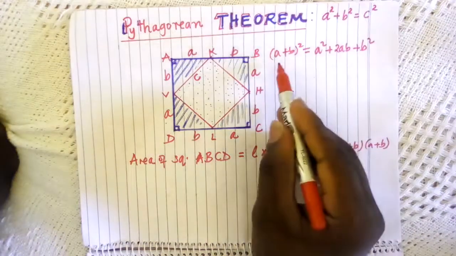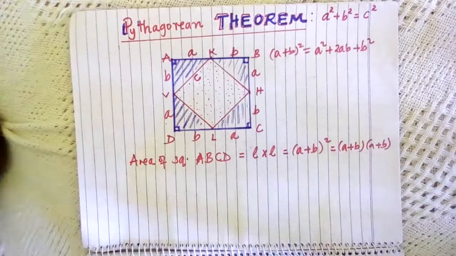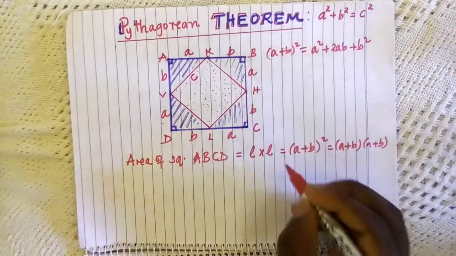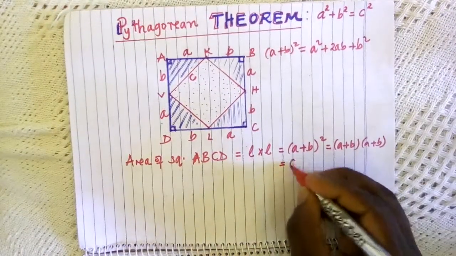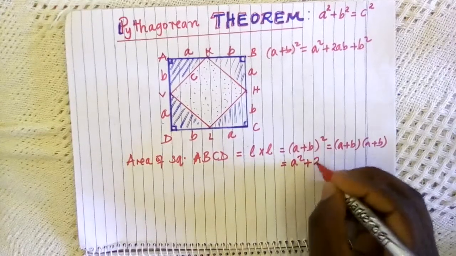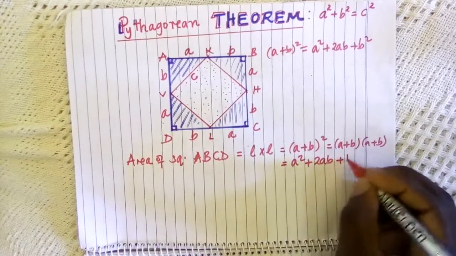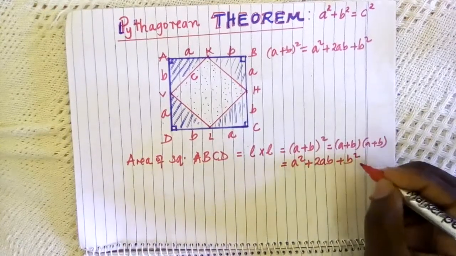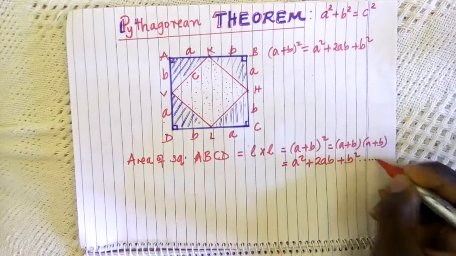You should know this by heart, right? Now let's drag this value to this point. Now we have A squared plus twice AB plus B squared. Now let's name this equation 1.